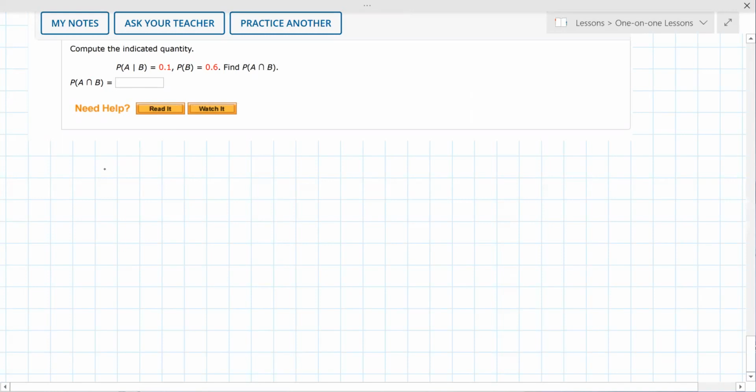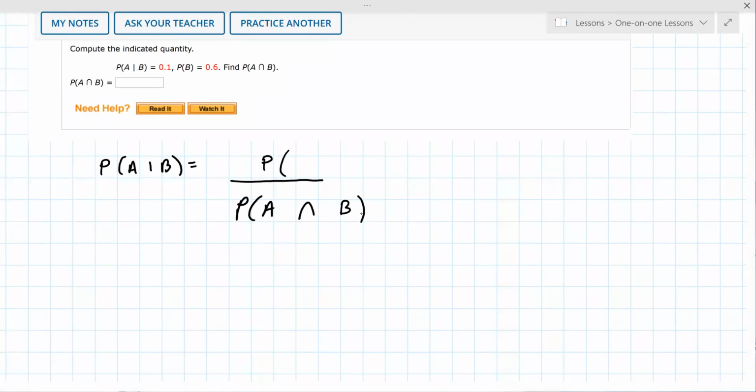So the probability of A given B is equal to the probability of, let me get this right, A and B. Okay, I believe this is it. So this is a known formula. Whatever the second letter is, it comes up top here, and the and is always in the bottom. You'll see this in class.